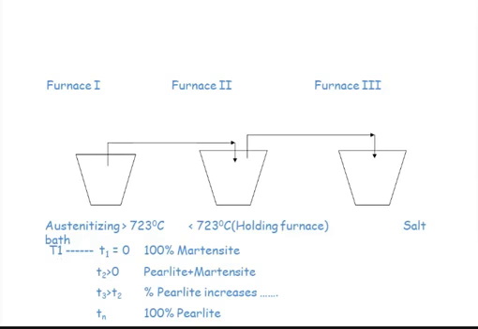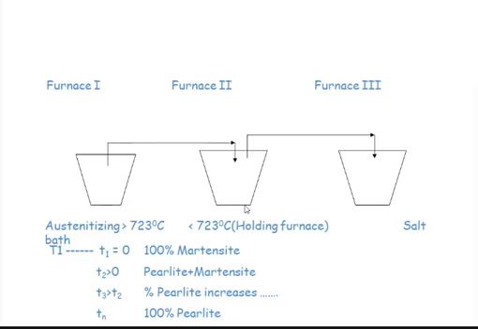Similarly, for 700 degrees centigrade, we determine the time of transformation from martensite to pearlite. Again, carry out the experiment for the next temperature T3 and find the time required for transformation. So for each test temperature, we have determined the amount of time required for complete transformation from martensite to pearlite.